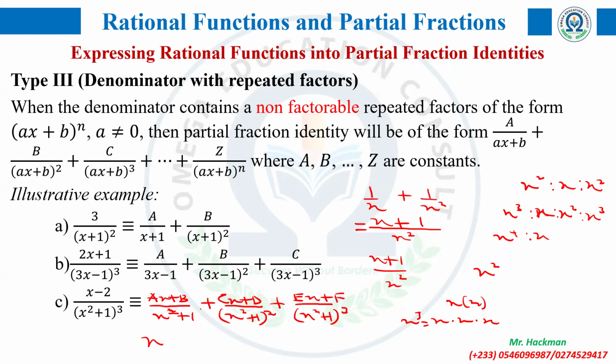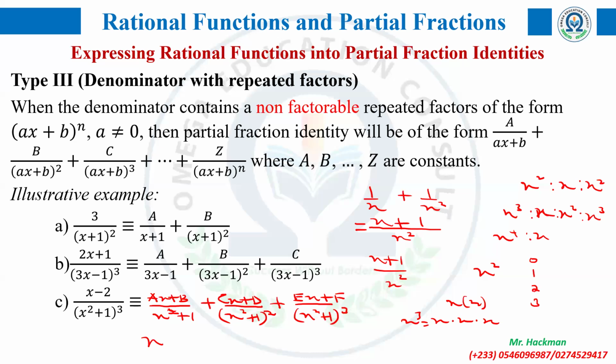Now, because your denominator is quadratic, remember we said the numerator will always be a degree lower than that of the denominator. We said we will start with constants, which is the power 0, then we come to the power 1, which is linear, then squared, which is quadratic, cube.